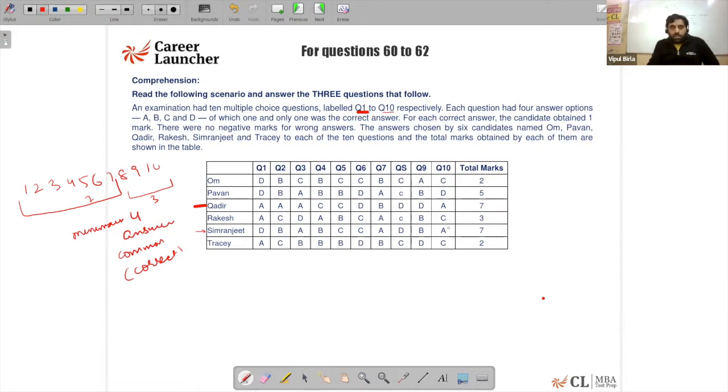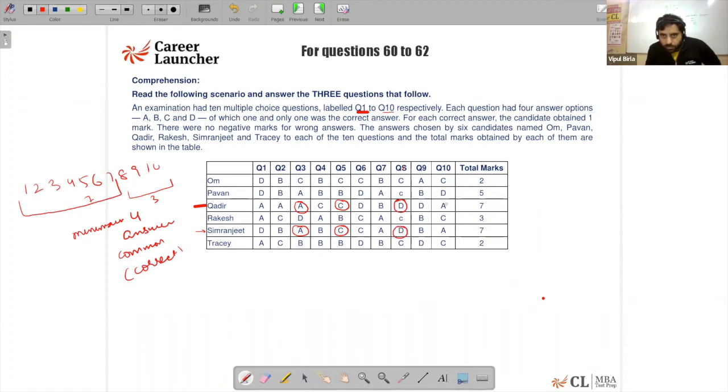So since the number of common answers is 4, I can very well say these are the right answers, because we have to have at least 4 common answers which are right. So therefore I can say question number 3, A is the right answer. For question number 5, C is the right answer. For question number 8, D is the right answer.